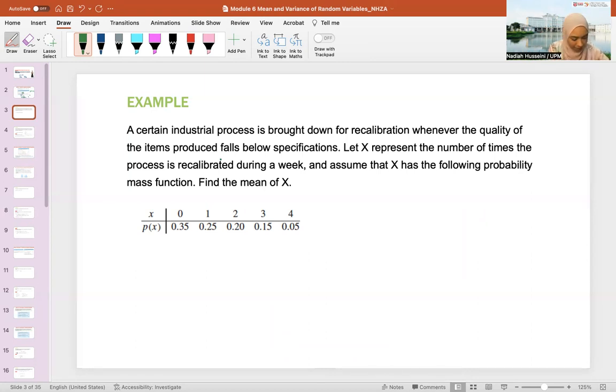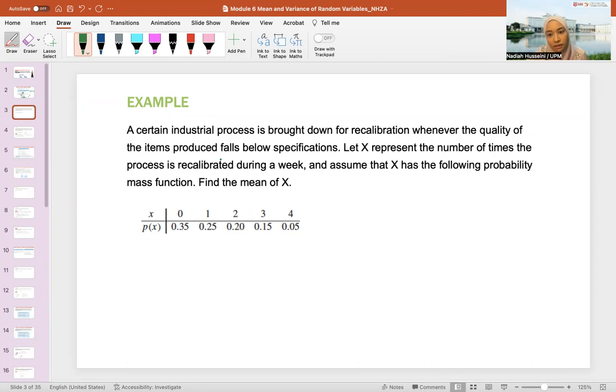Okay, so read that example first. I'm going to talk about it. A certain industrial process is brought down for recalibration whenever the quality of the items produced falls below specification.